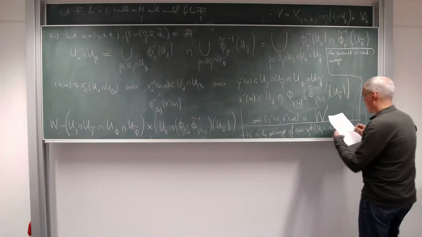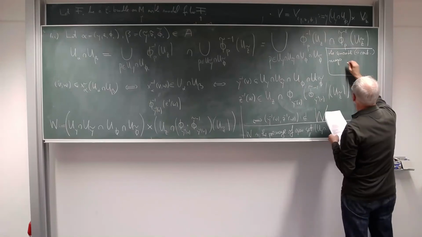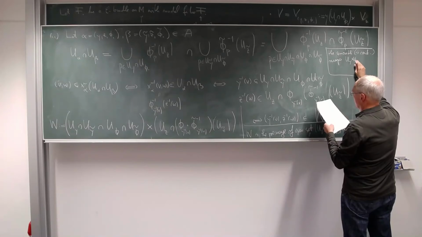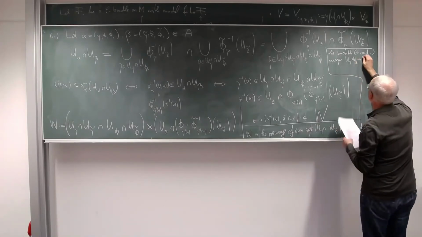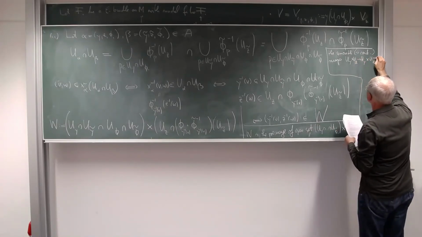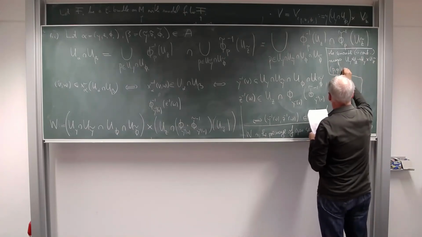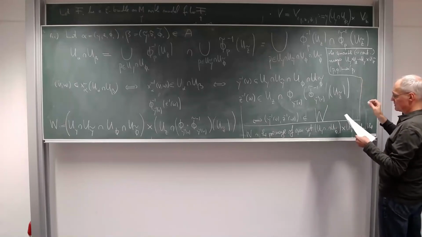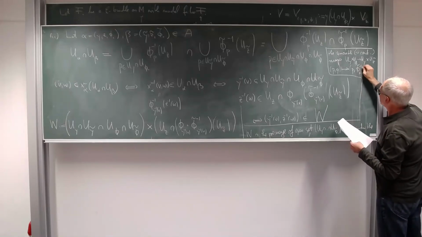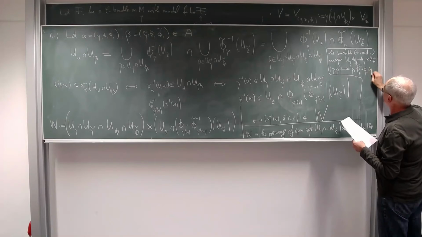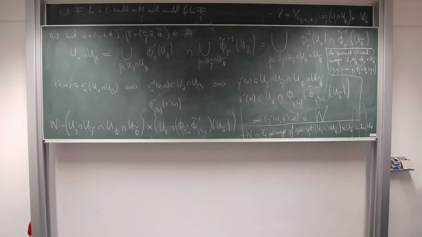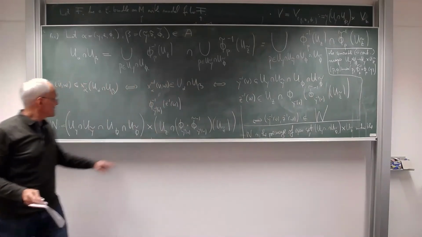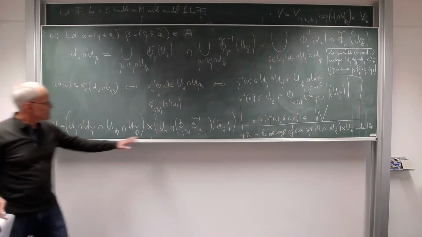So the map is going from Uy cross Uz to Uy cross Uz tilde, and is mapping (P, Q) to P, and here we have the transition phi tilde P to the minus 1 composed with phi P applied to Q. So this just encodes the fact that a point is in this set W.